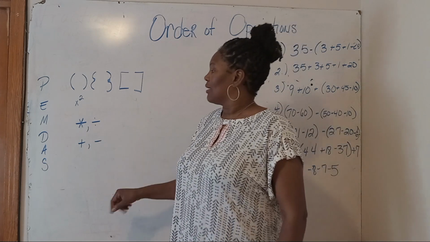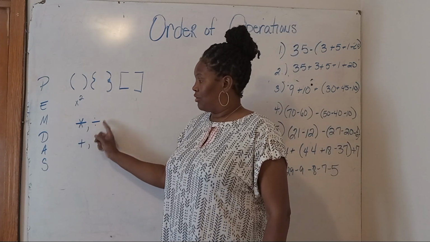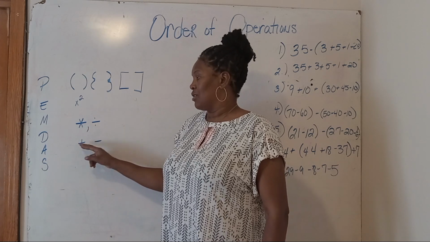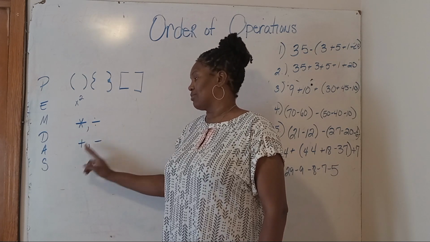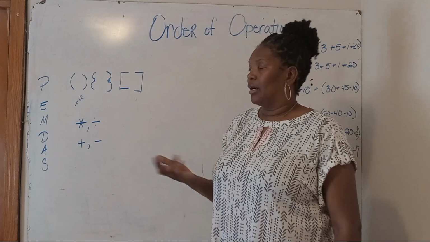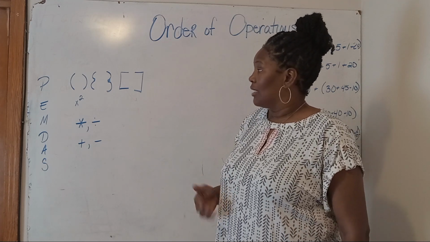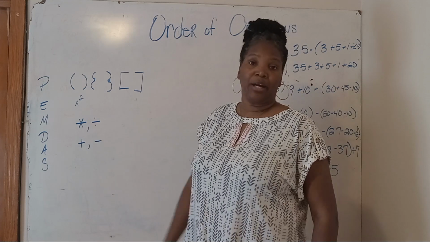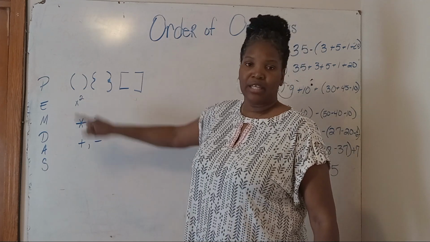These two can. You can do division before multiplication, or multiplication before division. You can do addition before subtraction, or subtraction before addition. But you always have to follow these steps. And this little number right here is an exponent.